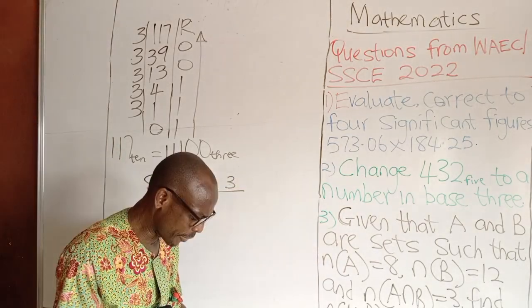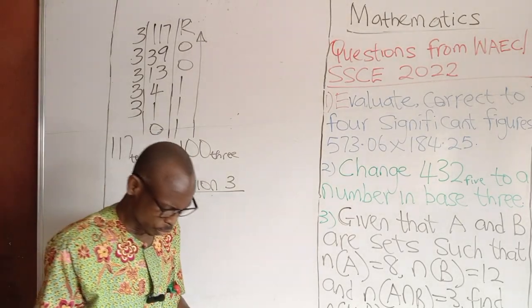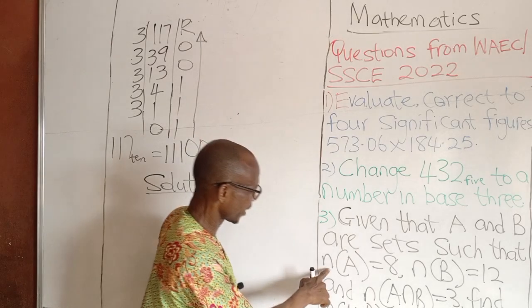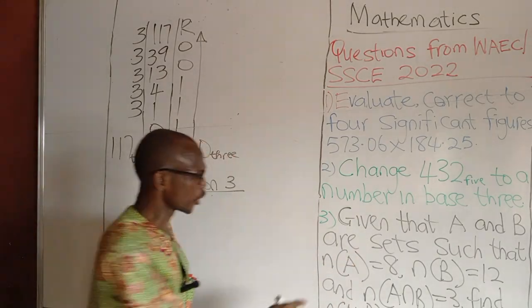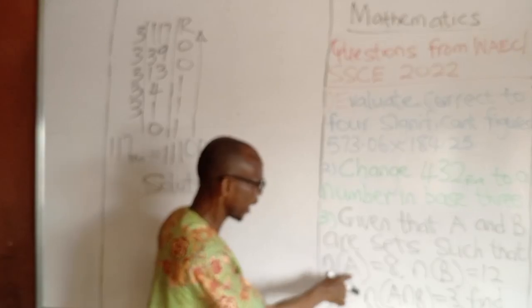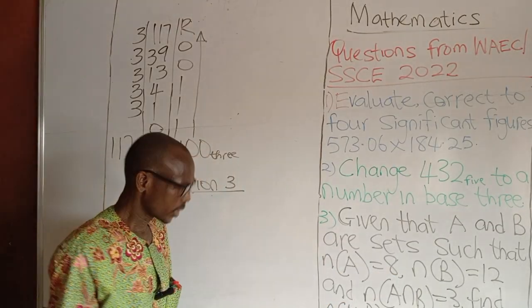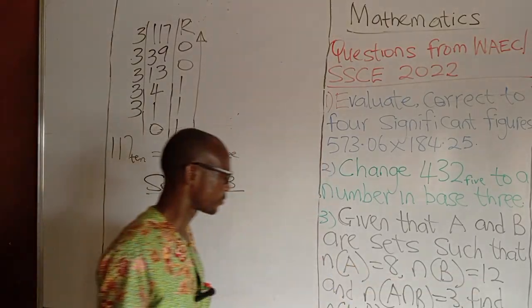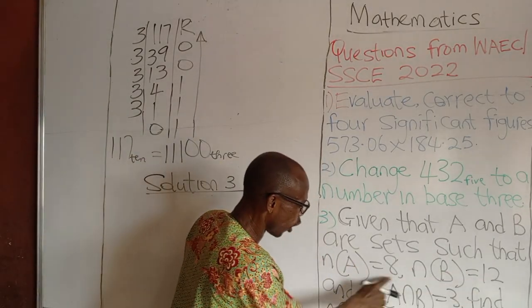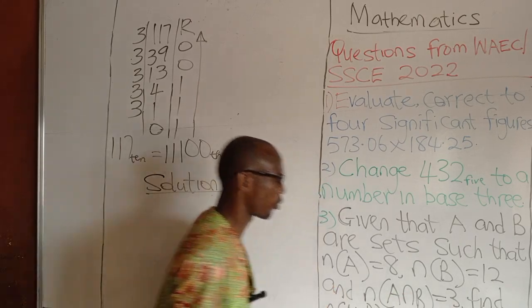Solution 3. Given that A and B are sets such that n(A), that is the number of elements in A, is equal to 8, and n(B) is equal to 12, and n(A intersection B) is equal to 3.